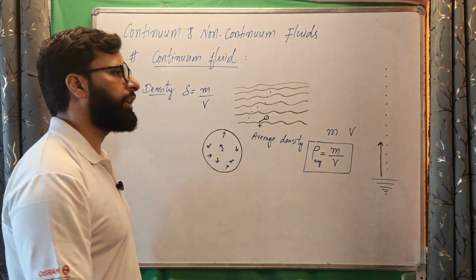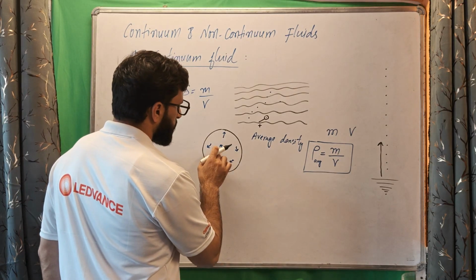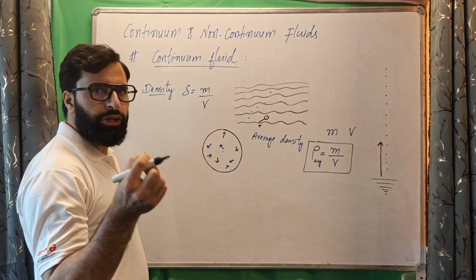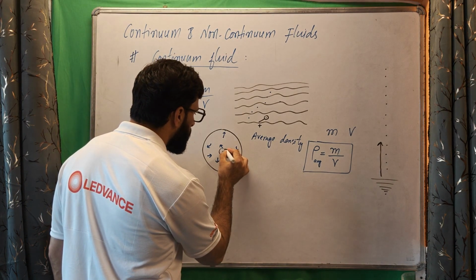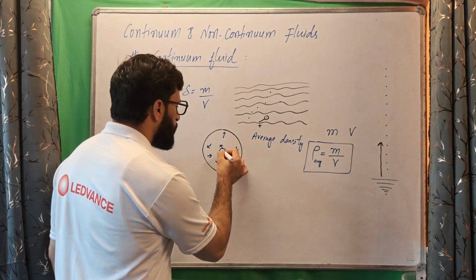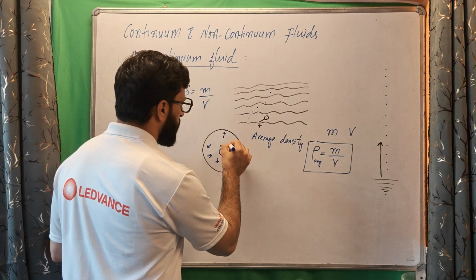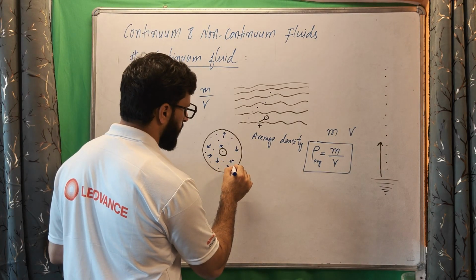Now, one trick that we can use, using common sense, is that instead of taking an exact geometrical point, we'll choose some volume around this point. Suppose we have chosen this volume. Obviously the intermolecular spacing is not that large.